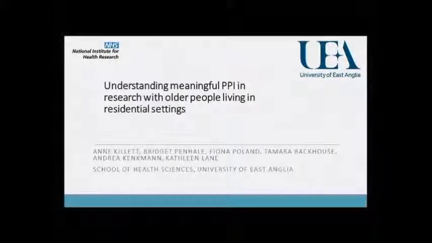So I'm going to be talking about a study where we are looking at involvement of residents of care homes as active researchers.